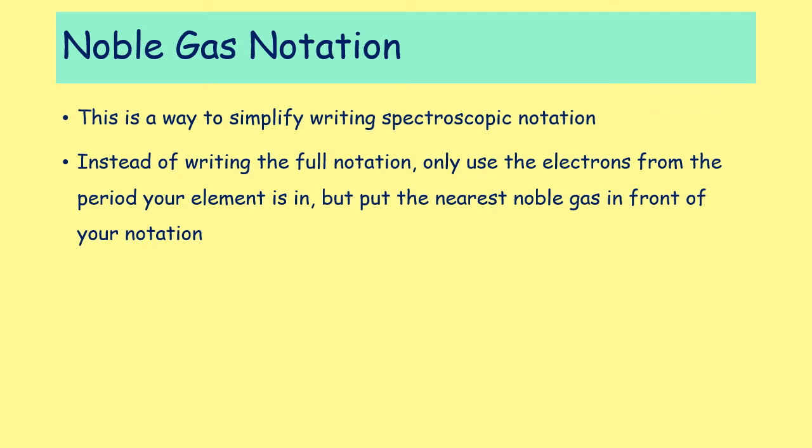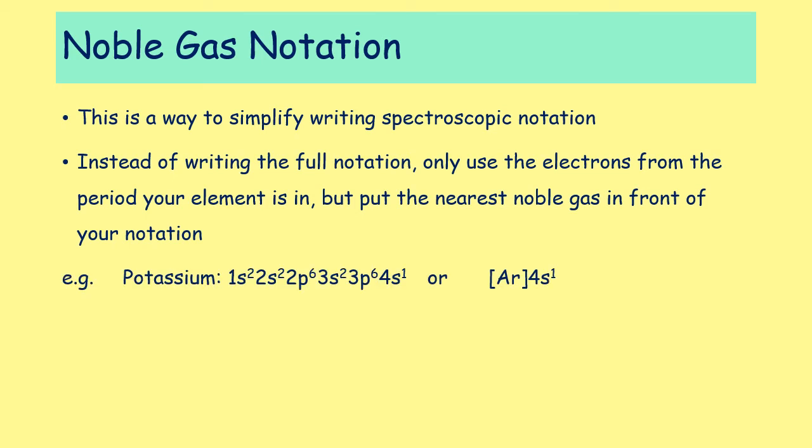In noble gas notation, it's a shorthand where instead of writing the full sequence, you're only going to refer to the electrons belonging to the period that the element is in. And then you're saying that all the other electrons can be represented by the noble gas that was at the end of the period before your element.